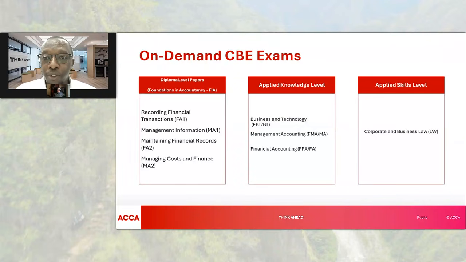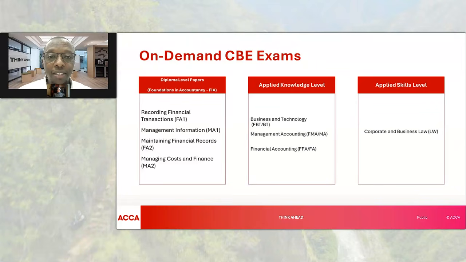Now, the foundations in accountancy that I mentioned, you can see the exams listed there: recording financial transactions, management information, maintaining financial records, and managing costs and finance. Those are the exams at the FIA or diploma level papers. For the applied knowledge level, we said there are 3 exams: business and technology, management accounting, and financial accounting.